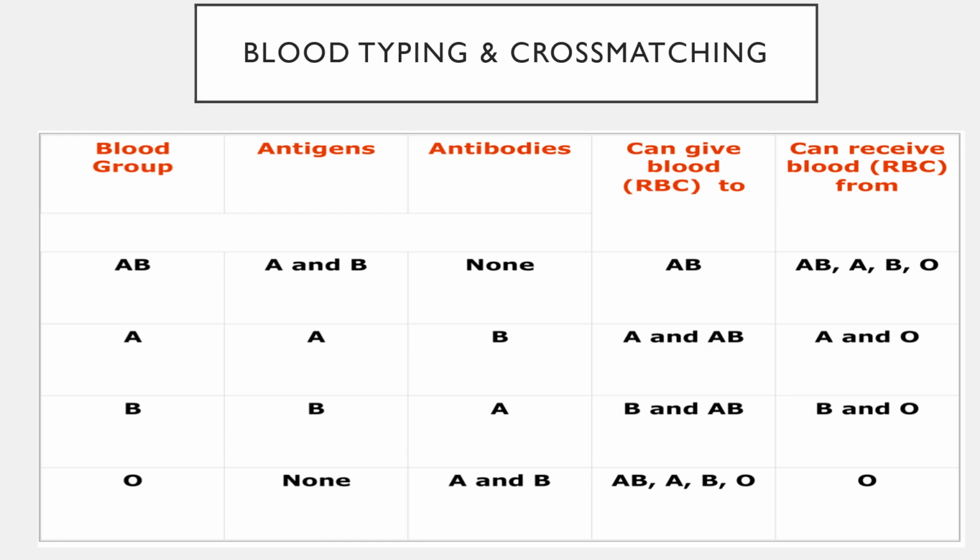Let's go to blood type O. There's no antigens on blood type O, meaning you can give your blood to anybody because there's no antigens for their antibodies to attack. So blood type O is the universal donor. Okay?